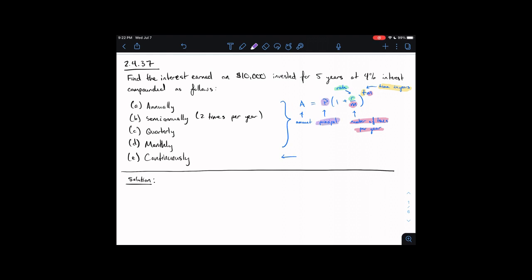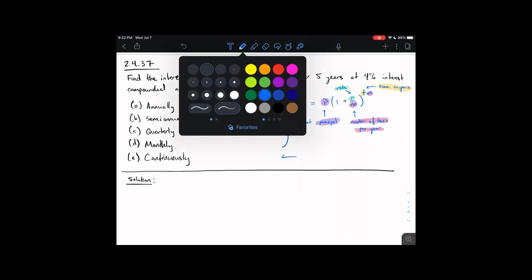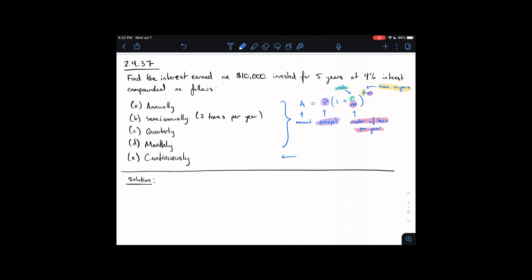P is principal. Okay, so we have this little color-coded formula. All we really need to know how to do this problem is to know what number to put where, and then how to put it into a calculator, because this is not really something you can solve on your own. You could do this math, but it would be difficult.